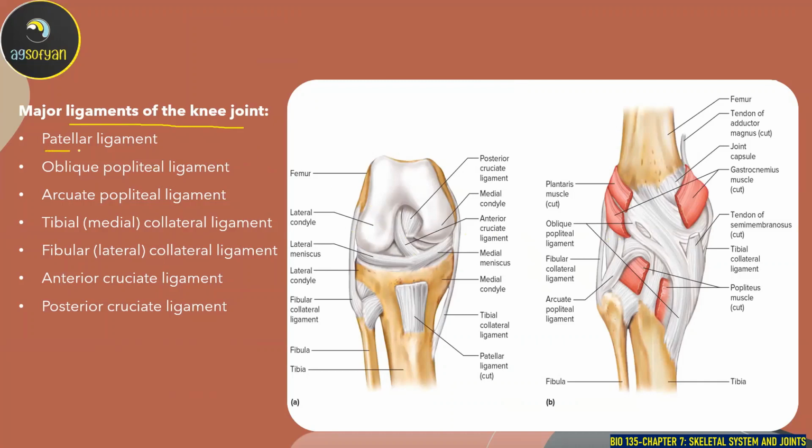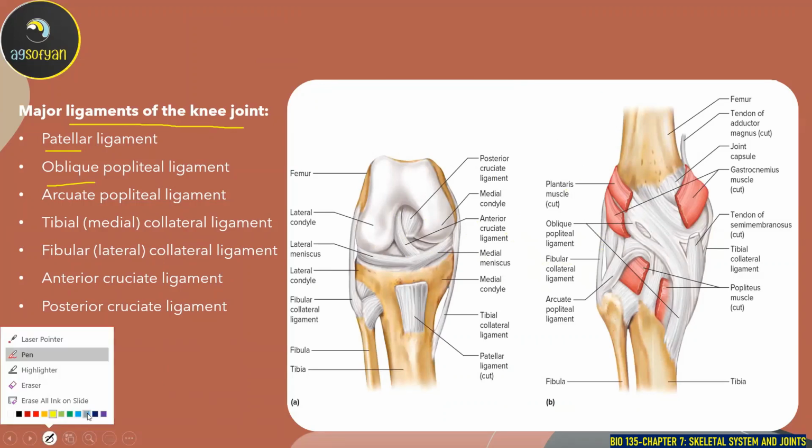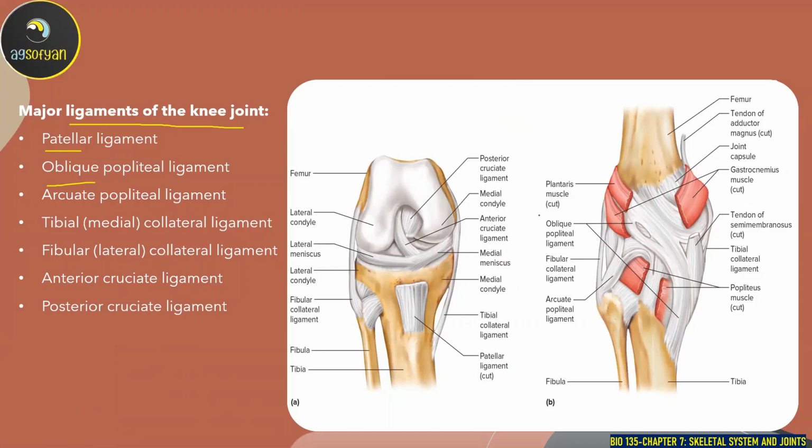Okay, there is a patellar ligament between the patella and the femur, the oblique popliteal ligament, and the arcuate popliteal ligament, a little bit smaller over here.